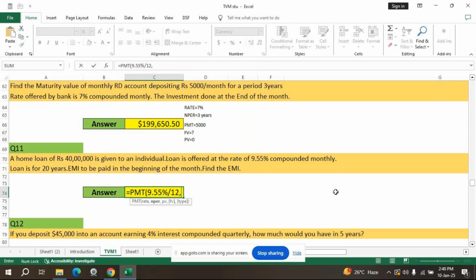How many years? 20 years, into 12. Then comma PV, the present value, that means minus 40 lakhs, right?